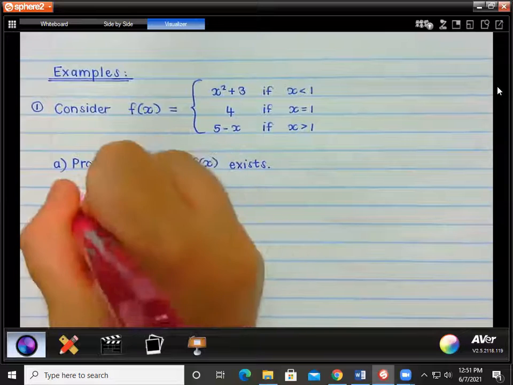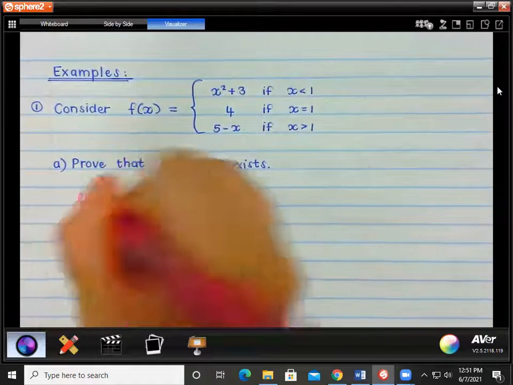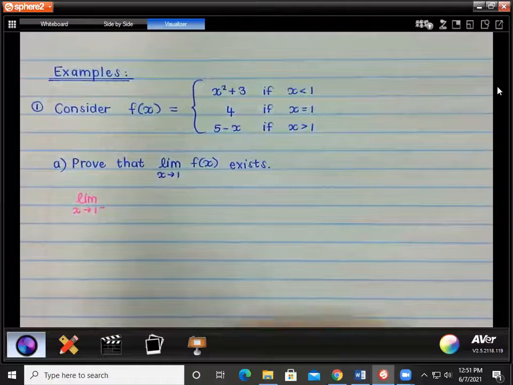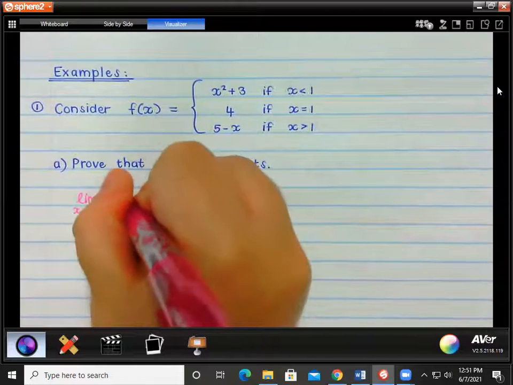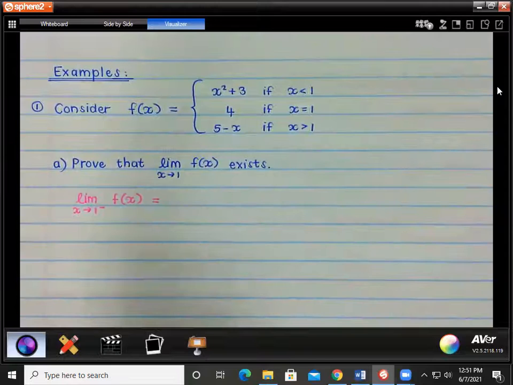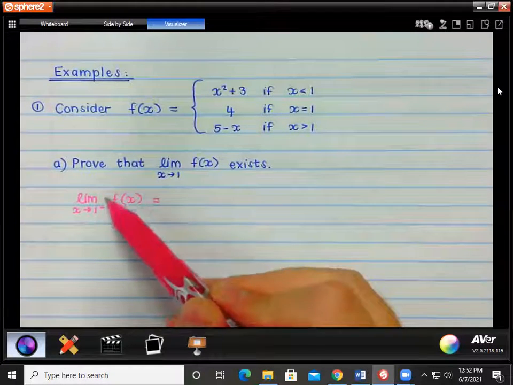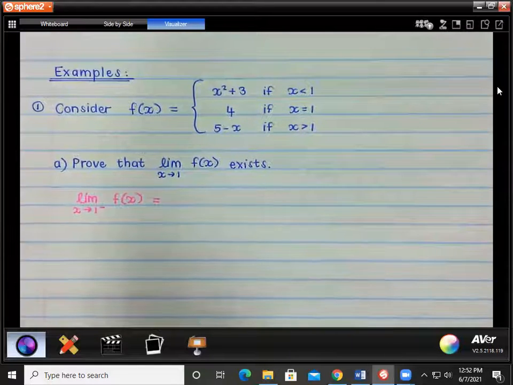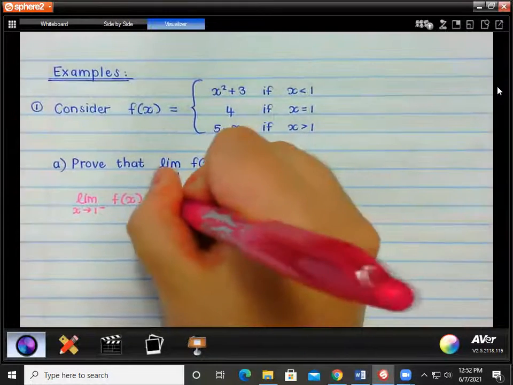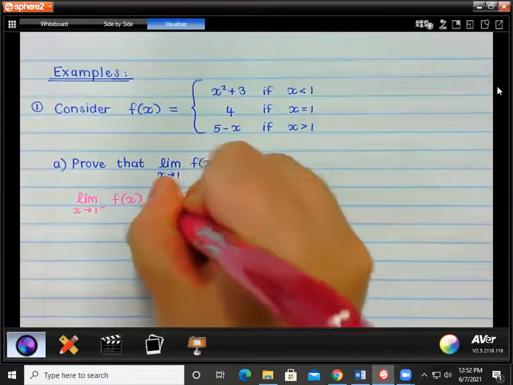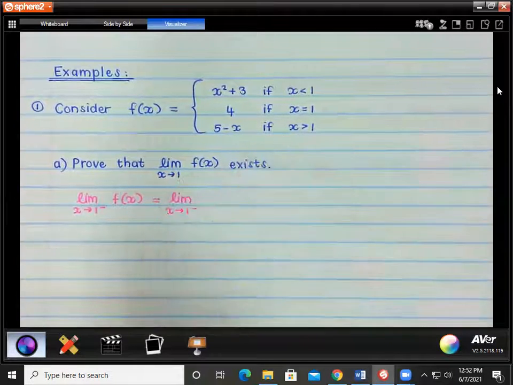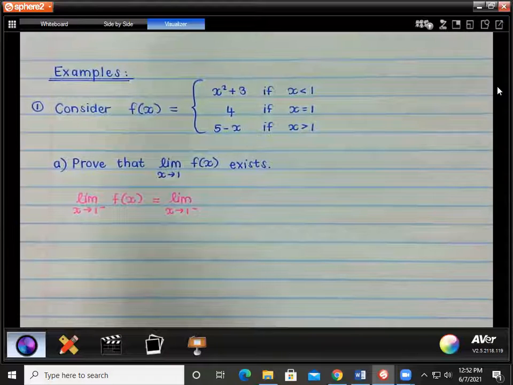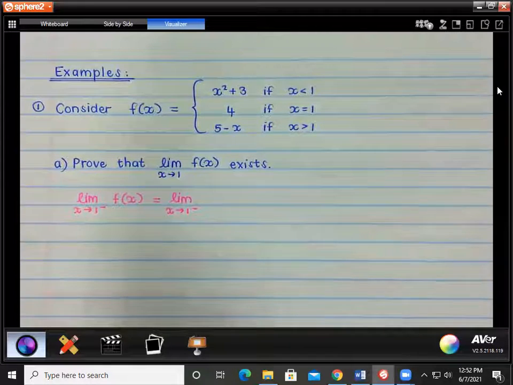The limit as x tends to 1 from the negative side of f of x. Now, this second part that I'm going to write is optional, but it does often help if you just replace f of x with the specific function that we're looking at in that interval. So I'm just going to rewrite this as the limit as x tends to 1 from the left. Now guys, from the left, are we looking at values that are smaller than 1 or bigger than 1?